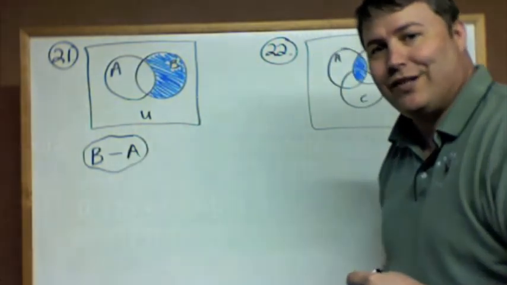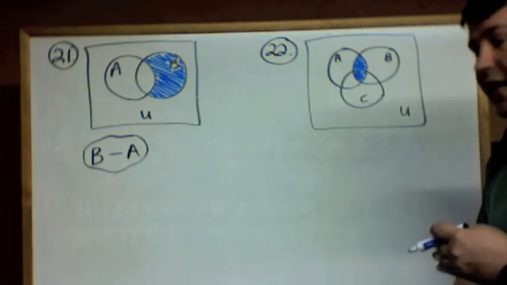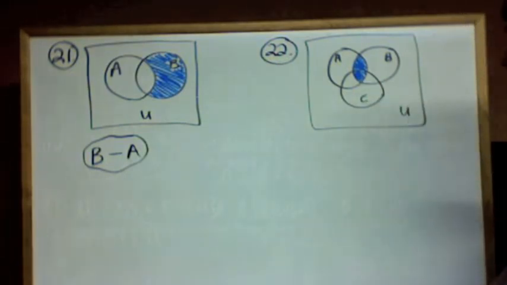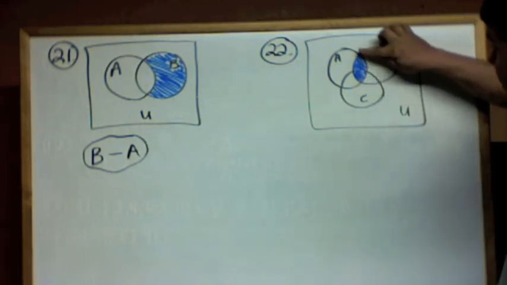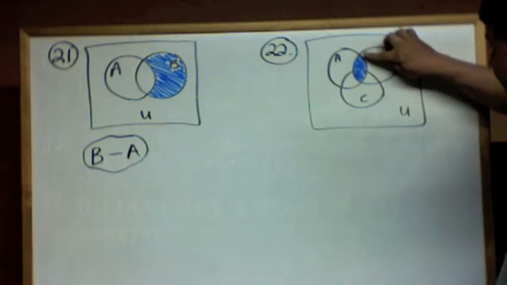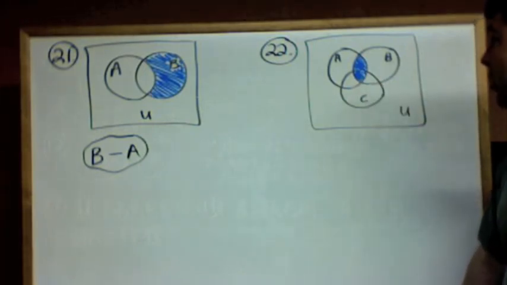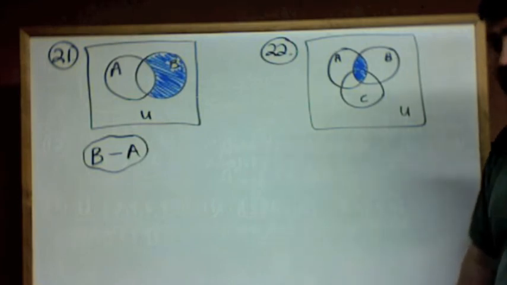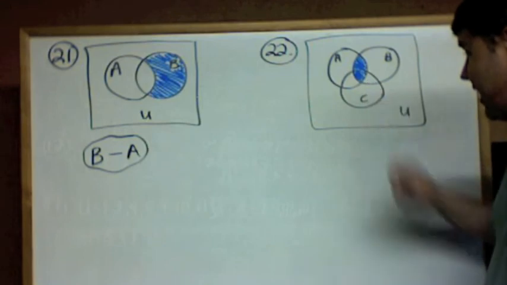Now for number 22. There are actually 3 sets overlapping inside the universal set here. They call them A, B, and C. And look at what's shaded here. It's just this region shared by A and B. C also is shared in there, but we only want all the stuff that's shared in A and B. All right? And that covers all the shading.